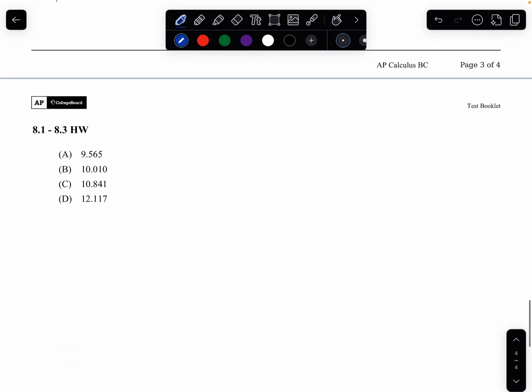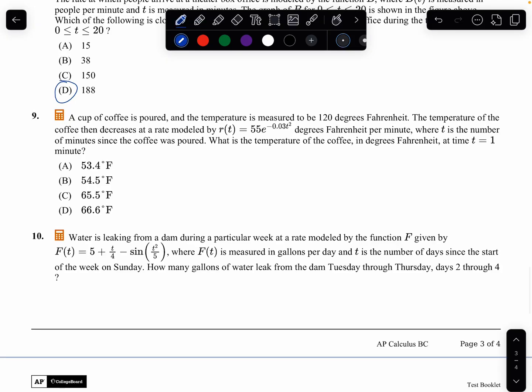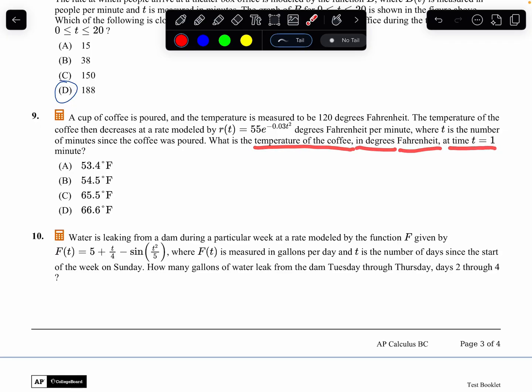For 9, a cup of coffee is poured and the temperature is measured to be 120 degrees Fahrenheit. The temperature of the coffee then decreases at a rate modeled by R of T equal to this right here, degrees Fahrenheit per minute, where T is the number of minutes since the coffee was poured. What is the temperature of the coffee in degrees Fahrenheit at time T equals 1 minute?